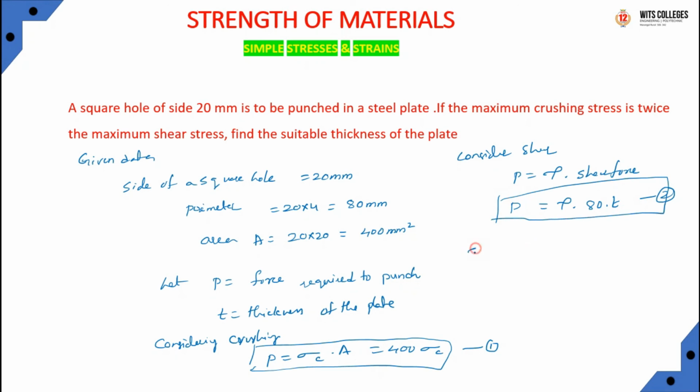From equating equations 1 and 2, that is 400 sigma C equals tau 80 T. But given in the question, sigma C equals 2 tau, so the maximum crushing stress is twice the maximum shear stress.